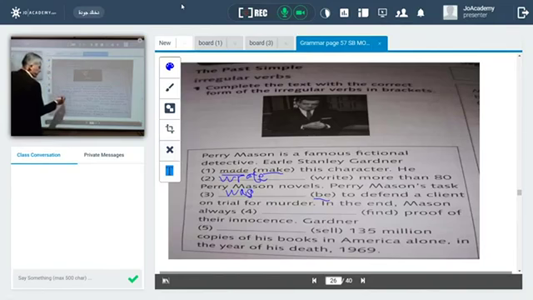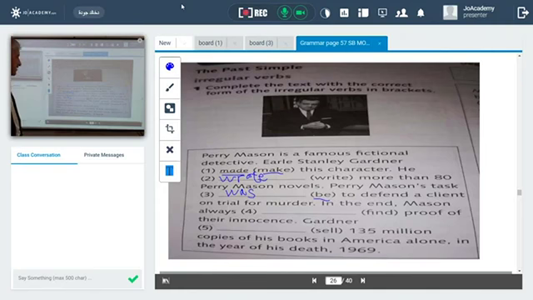Let's correct our writing. I can't hold this pen. It's difficult to write. Okay. So, was to defend a client on a trial for murder. Murderer means qatil. He has to go to the court and defend him.